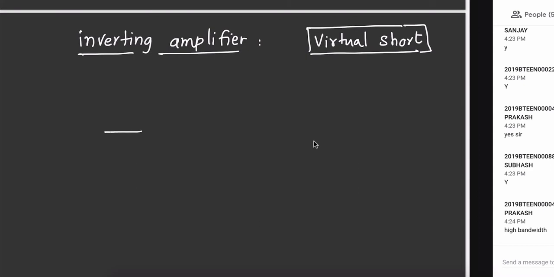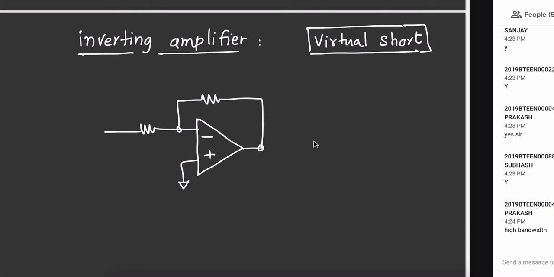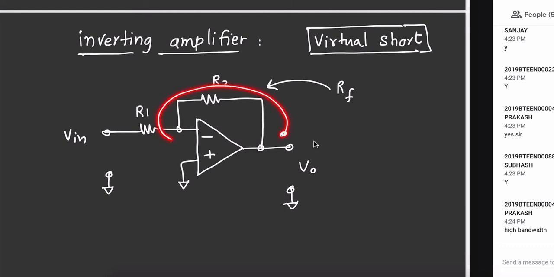You also draw this in your notebook. So VO, V in with respect to ground, then R1 and R2. R2 can also be written as RF, feedback resistor, because it's a feedback from output to the input.